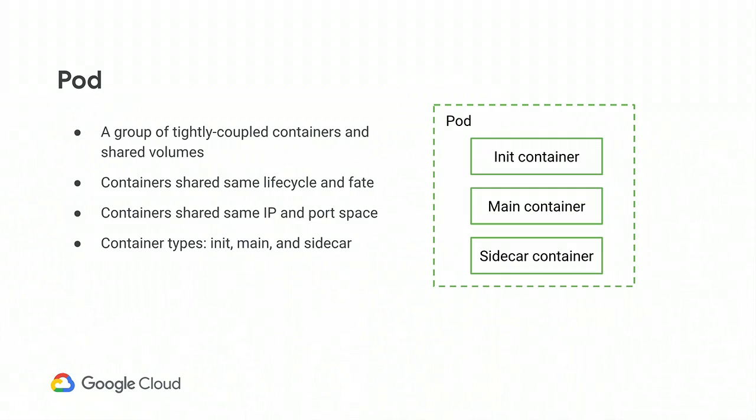Main container is where the real application is running. For example, as an end user, if I deploy a Redis application, the application will be run between the main container. And lastly, the sidecar container is a container that provides additional routines and functions to assist the main container. Some examples are monitoring and logging sidecar.